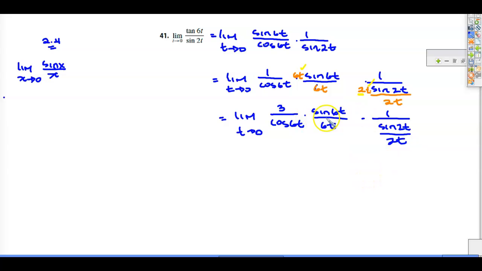And the trick is, when the argument and the denominator are the same, that is another way. You're going to let u equal 6t, and I'm going to let v equal 2t.